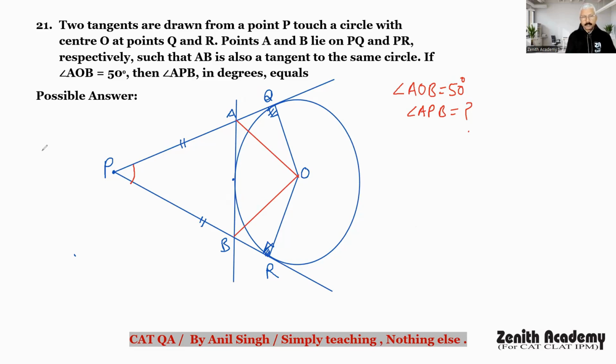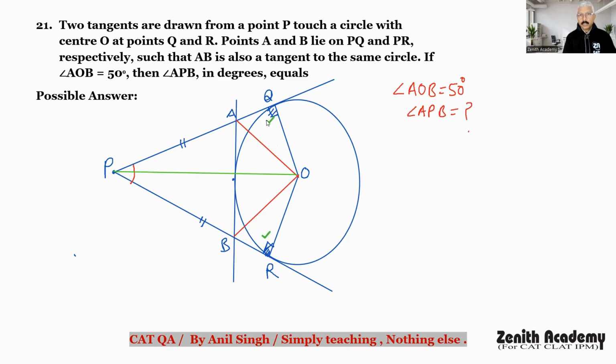Look here, some basic information about tangent and circle. If I draw this connecting line P, okay. Now see, this is 90 degrees and this is 90 degrees.